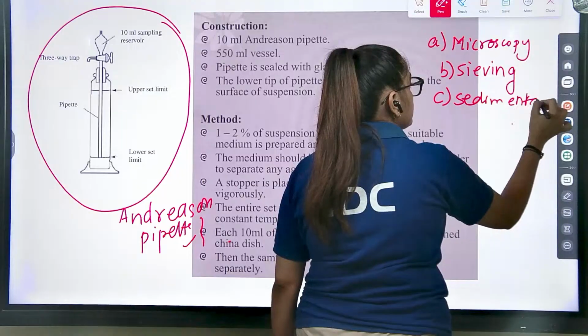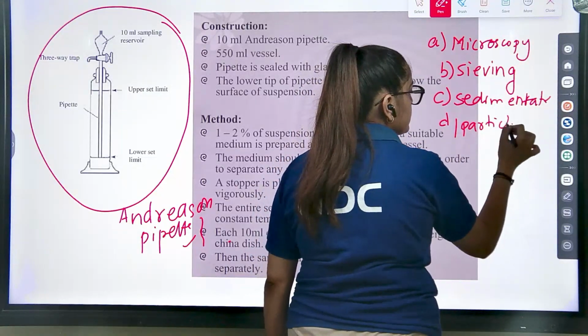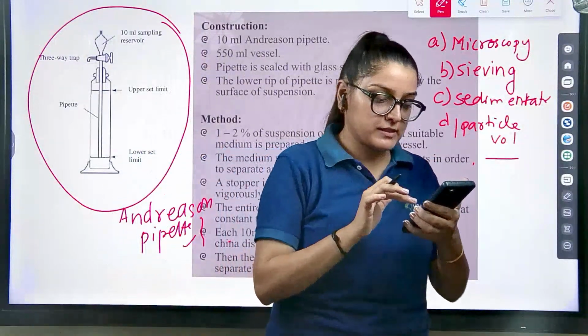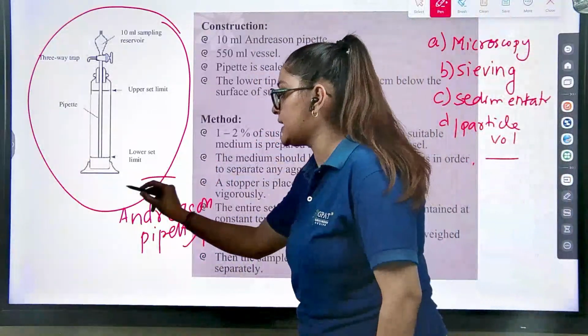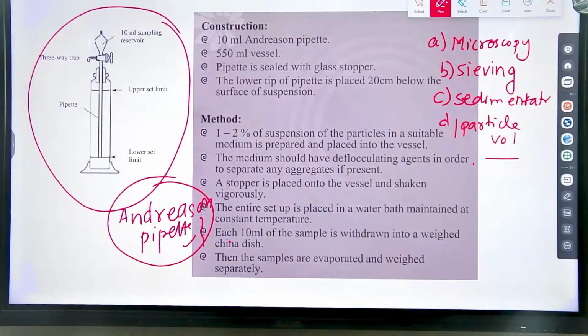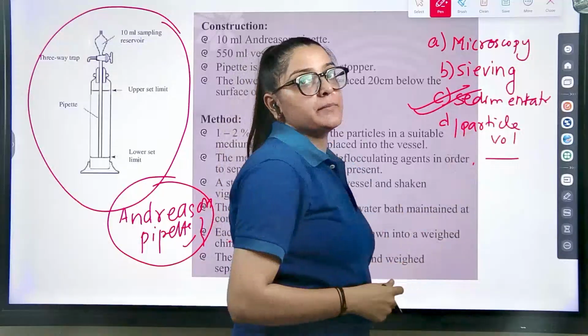Option D, it is used in the particle volume measurement. Let's see how many of you can answer. Where have we seen particle determination using the Anderson pipette method? Correct. So yes, we have seen it in the sedimentation method.